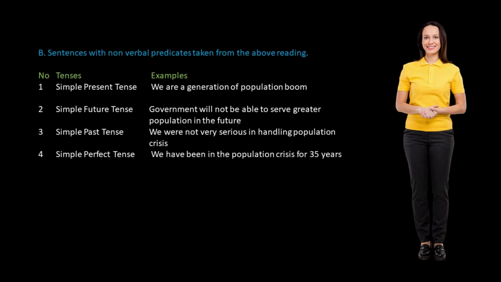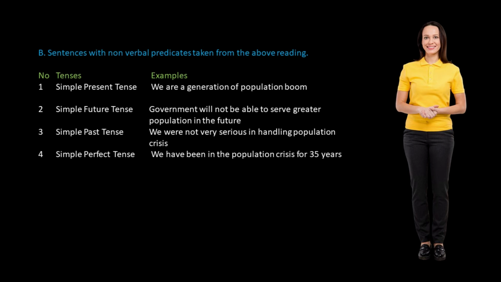B. Sentences with nonverbal predicates taken from the above reading. 1. Simple present tense. For example, we are a generation of population boom. 2. Simple future tense.